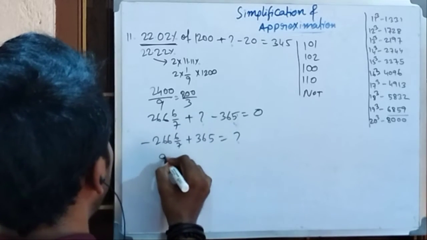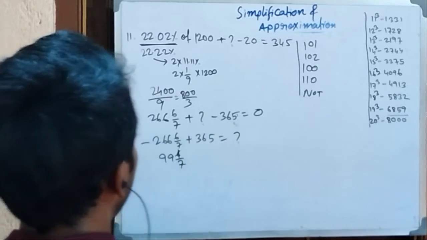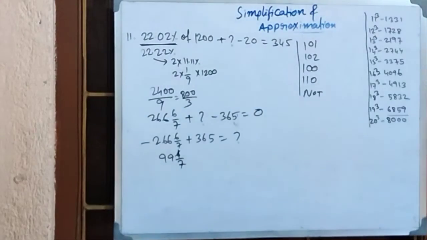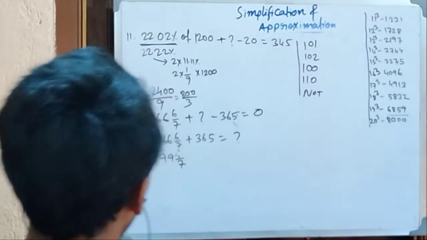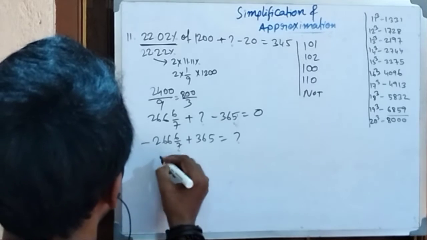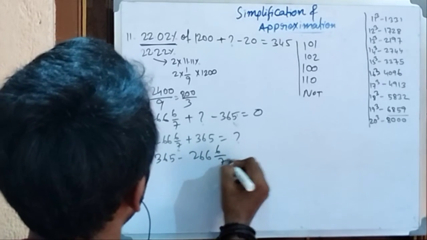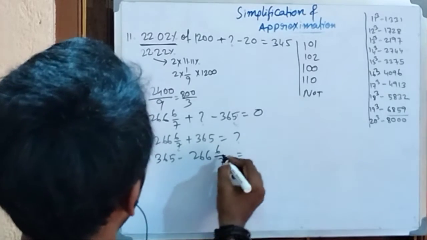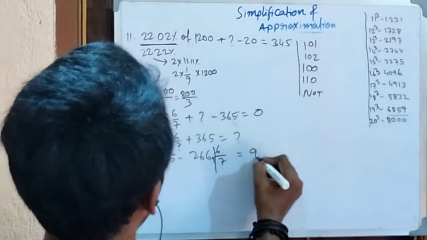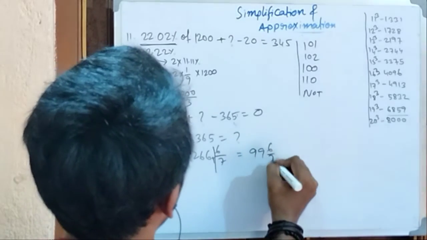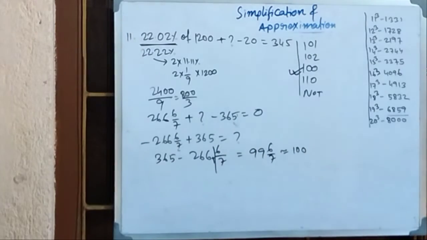So 365 minus 266, 6 by 7 gives 99, 1 by 7. Sorry, 99, 6 by 7, yes. Approximately 100. 100 is the answer. Right?